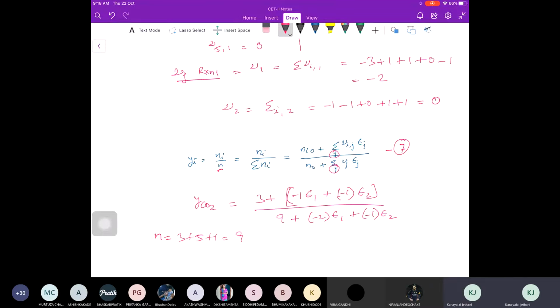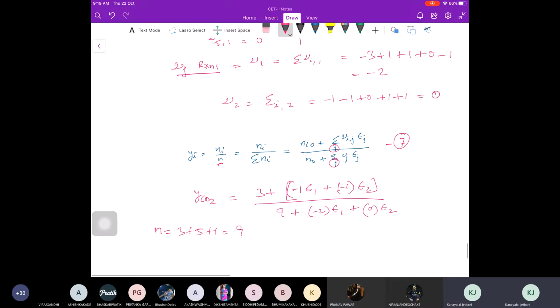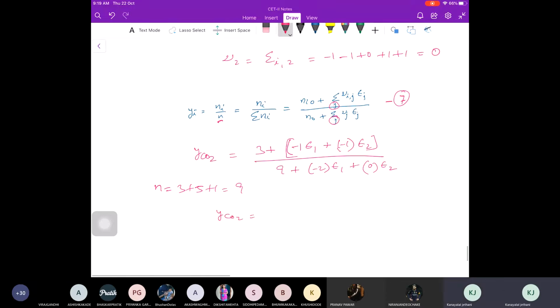Is this correct? No sir, for epsilon 2 it is 0. Oh sorry, 0. Sorry, 0. Okay? Any other corrections? No sir, it's correct. So this is now equal to y CO2 equal to 3 minus epsilon 1 minus epsilon 2 upon 9 minus 2 epsilon 1.